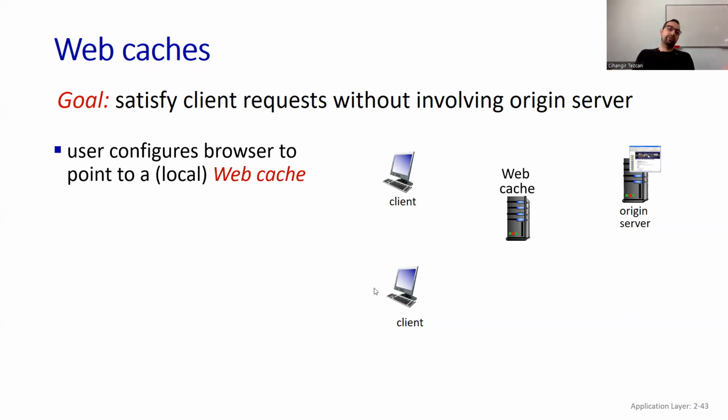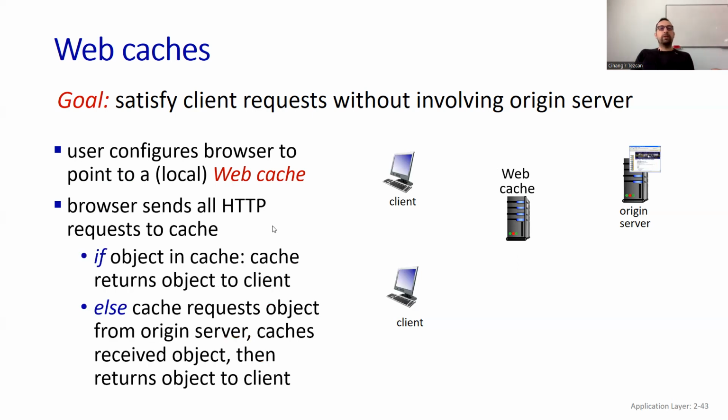For instance, think about two people on campus who want to visit the same web page. Requesting the same thing twice, why don't you cache it? That is the idea. So in our university, assume that we have a web cache. The user configures the browser to point to a local web cache, and the browser sends all HTTP requests to the cache.